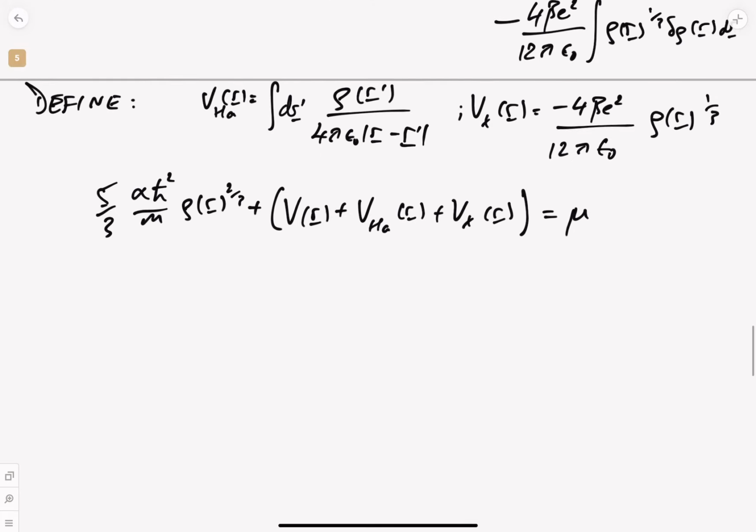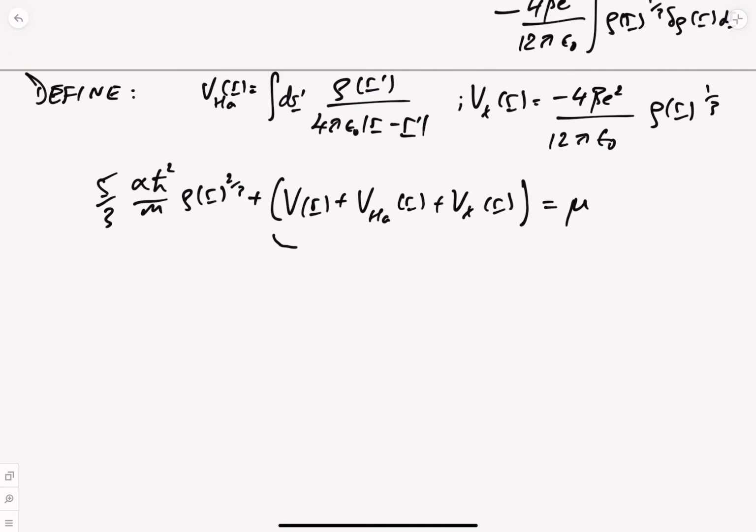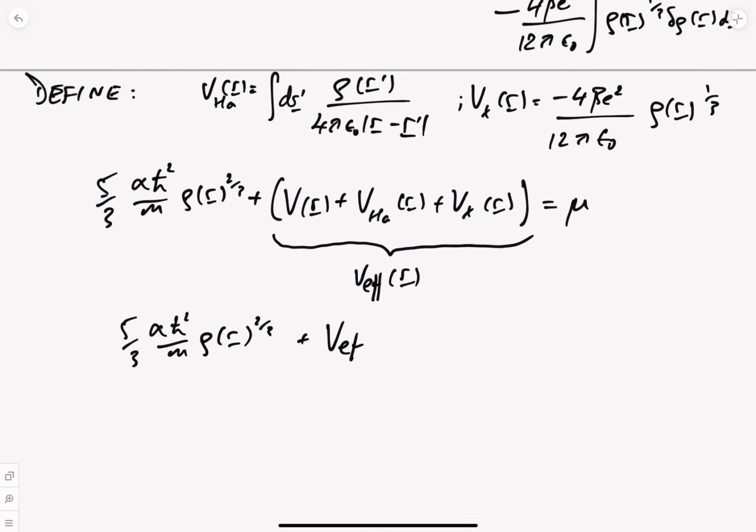We can simplify this even further by lumping together all of these potential terms into what's known as an effective potential, V effective of r. Then we have 5/3 alpha h bar squared over m rho of r to the 2/3 plus V effective of r must equal mu.